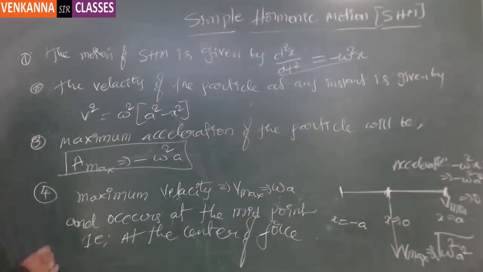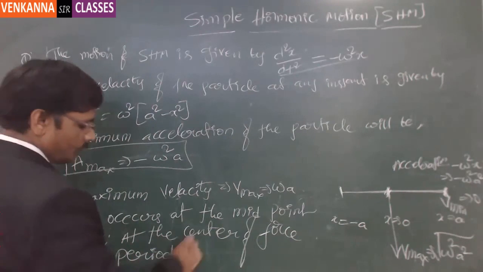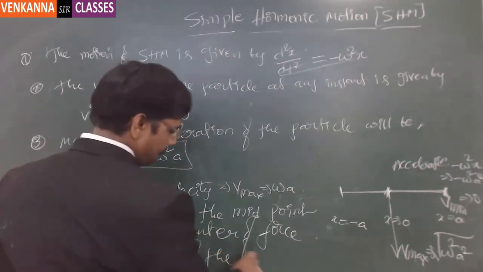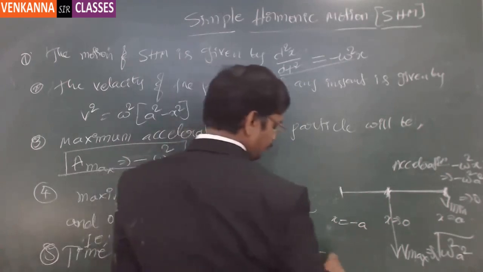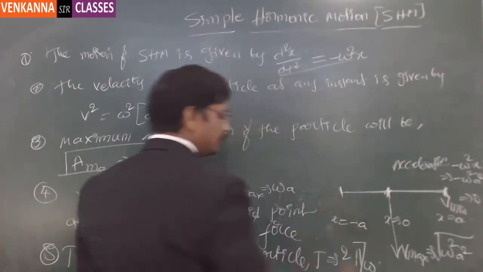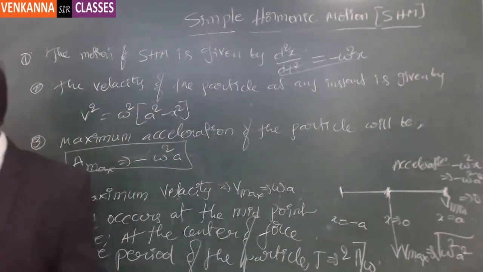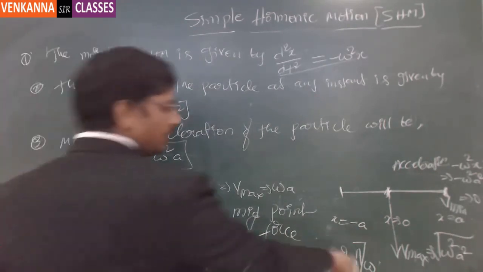And the time period of the particle: capital T is equal to 2 pi by omega. So this is the time period. Frequency you can treat the other way.